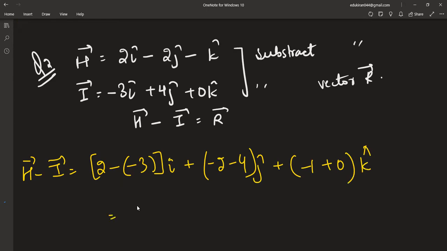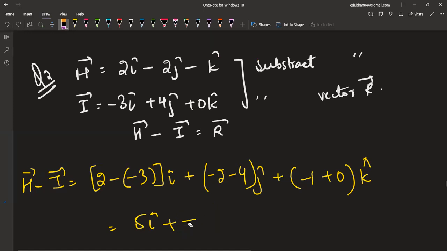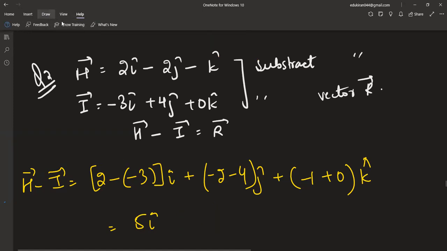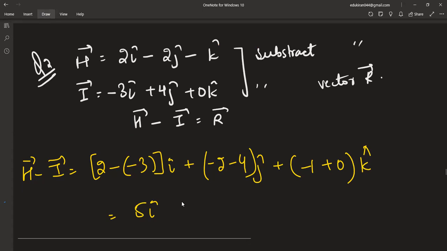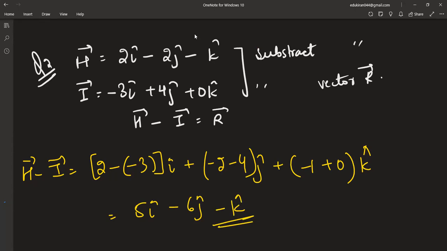So this becomes 2 plus 3, that is 5 I cap, plus minus 6 j cap, or directly I'm writing this as minus 6. So this becomes 5 I cap minus 6 j cap minus k cap. That's the answer. What Shaista wrote? 5 I cap minus 6 j cap minus 1 k cap. Very good, Shaista. The answer is correct. Note this down quickly.